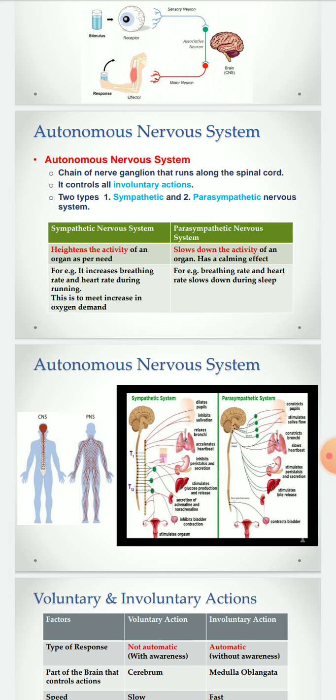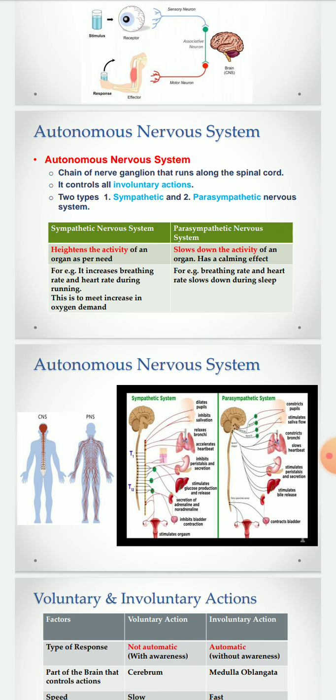So the autonomic nervous system is the chain of nerve ganglia present along the spinal cord. It controls all involuntary actions. It is of two types, sympathetic and parasympathetic. The sympathetic heightens the activity as per the requirement of the organ, and the parasympathetic slows down the activity as per the requirement of the organ.